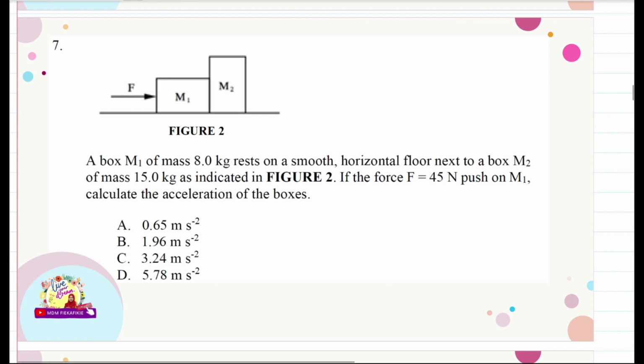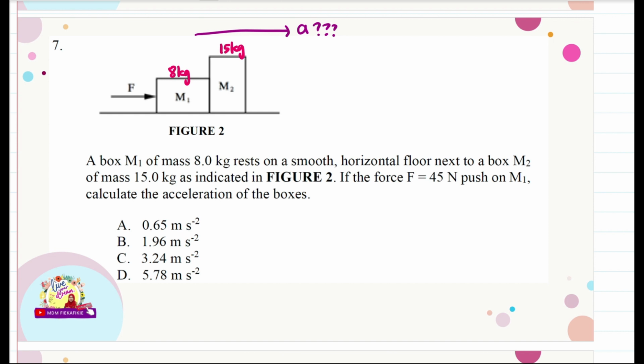So this one is 8 kg and this is 15 kg. If force F equal to 45 Newton pushes on M1, calculate the acceleration of the boxes. So that means we push to the right, logically it will move to the right. So we want to calculate its acceleration.